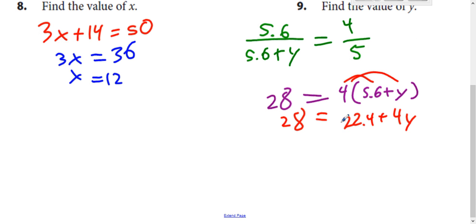So we'll subtract the 22.4 from the 28. 5.6 equals 4y. So divide by 4, you get y equals 1.4.